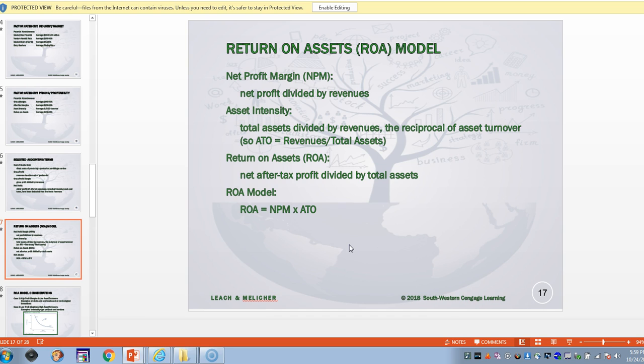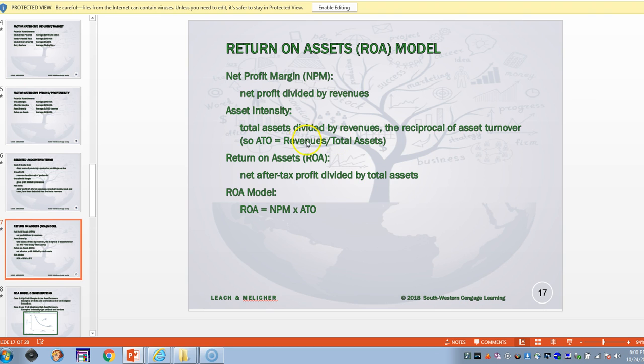All right, so return on assets, and there's a couple little equations here. You should know this equation, net profit margin. And basically asset turnover here. Total assets divided by revenues is the reciprocal of asset turnover.